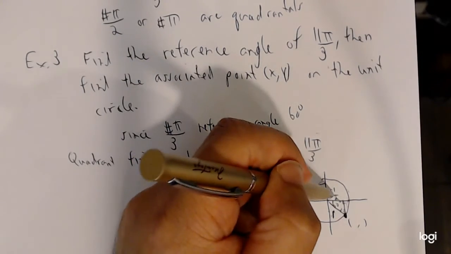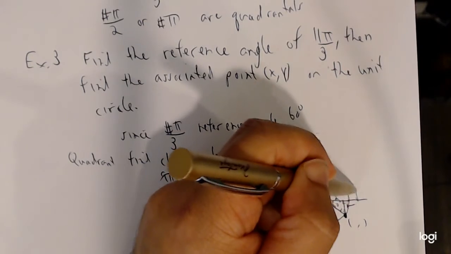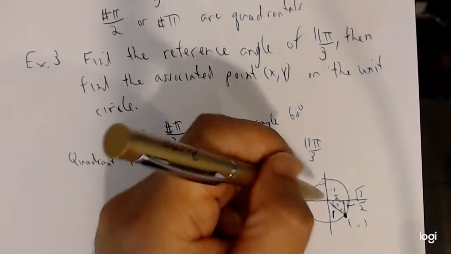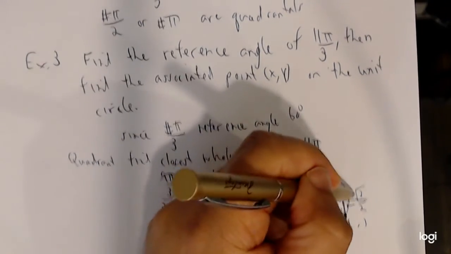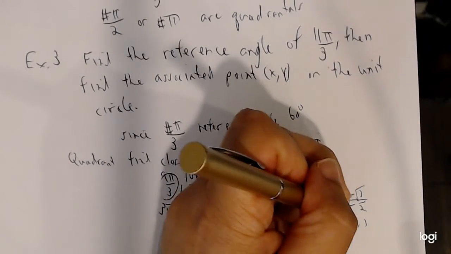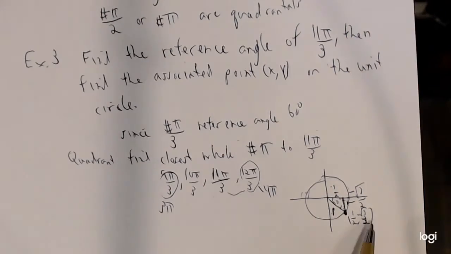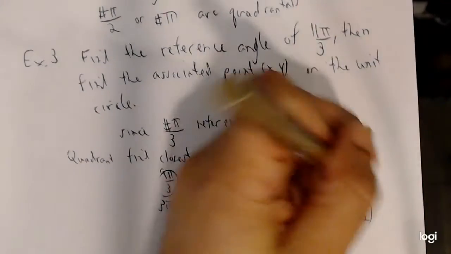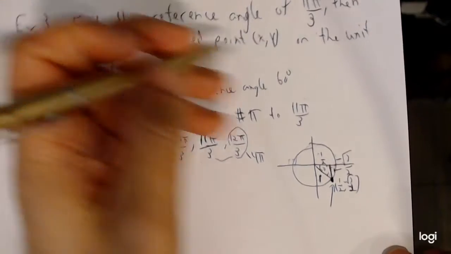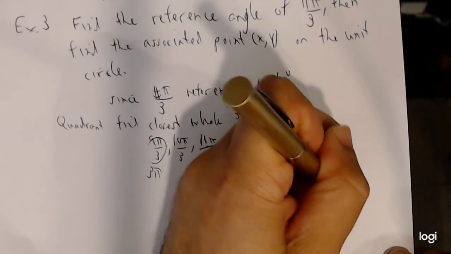To go from the shorter leg to the longer leg, I multiply by rad 3, so that's rad 3 over 2, except since I'm going down, it's negative. So the coordinates of this point are 1/2 comma negative rad 3 over 2. Maybe I should write it bigger.